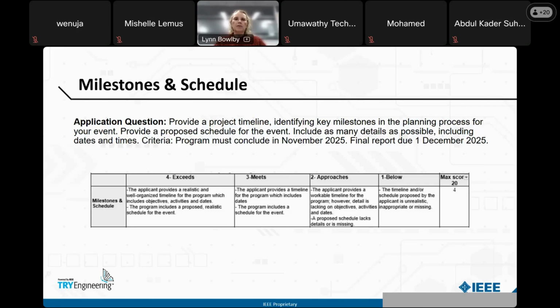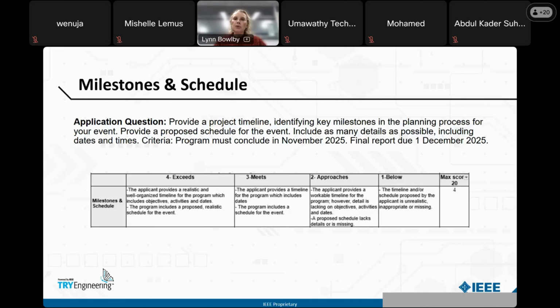Don't stress if you don't have specific calendar dates, but give us an idea of how many days it's going to take for your planning process and the different steps leading up to your event, how many days your event will be. Could just be one day. Most of them are. Could be one afternoon. It could be a couple of days. So just give us an idea of how long your program will run for.